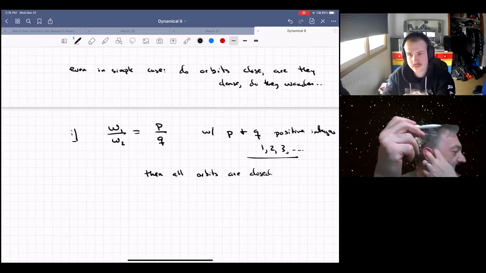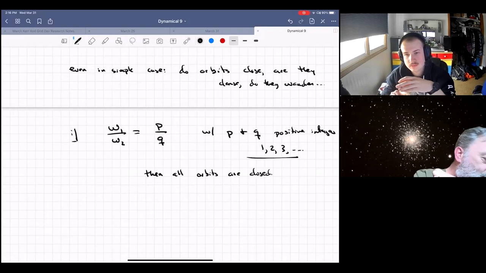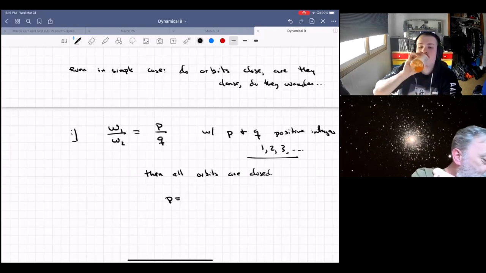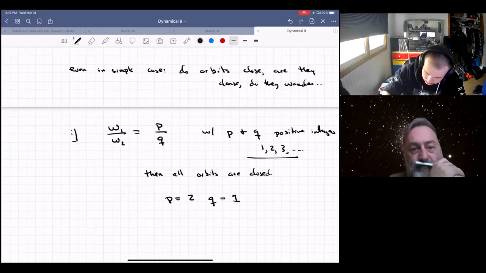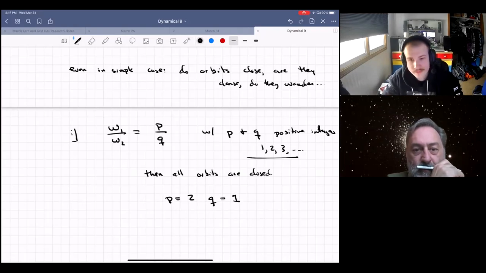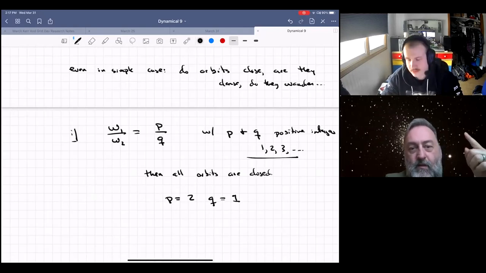So let's suppose that P is equal to 2 and Q is equal to 1, for instance. Then it's going to go through theta 2 twice every time it goes through theta 1 once.